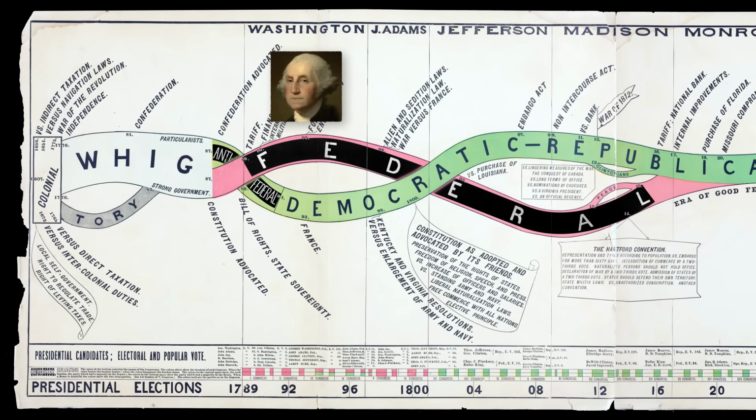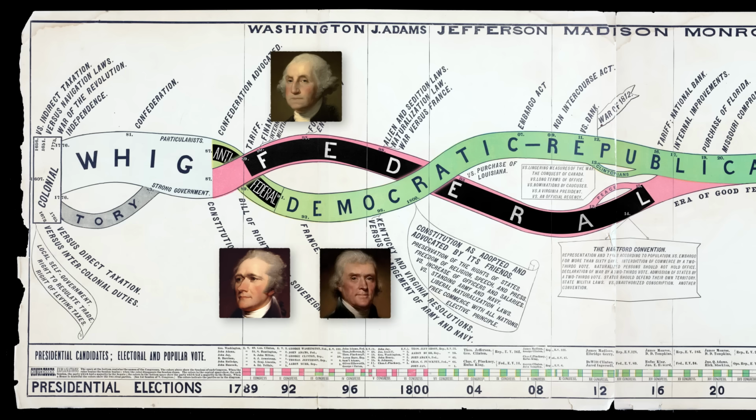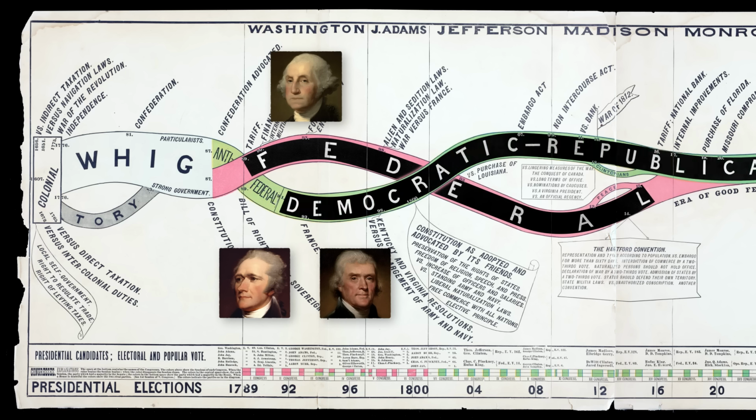Now, technically, the first president, George Washington, did not belong to either faction. However, most of the members of his administration were definitely Federalists, in particular his Secretary of the Treasury, Alexander Hamilton, who is considered to be the official founder of the Federalist Party, shown in pink. In contrast, Washington's Secretary of State, Thomas Jefferson, ended up leading an opposing faction, and this eventually became what we now call the Democratic-Republican Party, shown in green, although at the time they were simply called the Republicans.